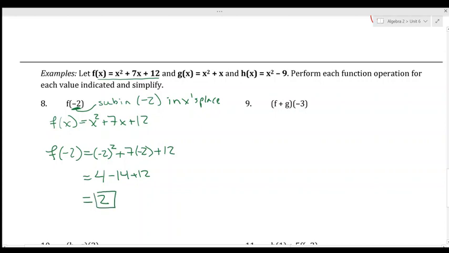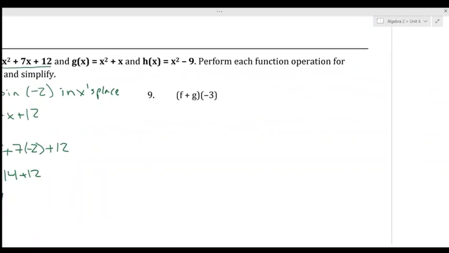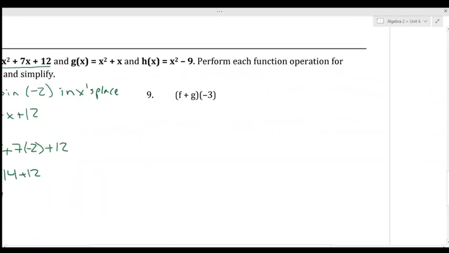Okay, now we're asked for number 9, f plus g of negative 3. So we're going to rewrite this just like we did before. We're going to have f of negative 3 plus g of negative 3. So in our f of x, we're going to replace all of the x's with a negative 3.